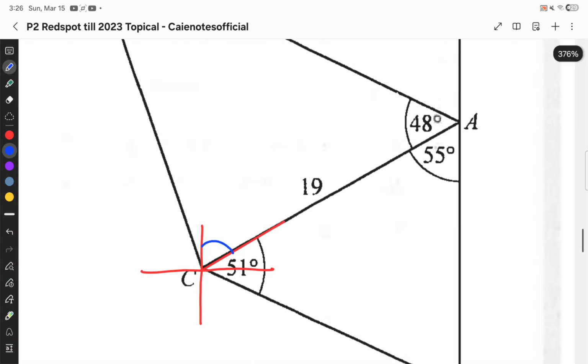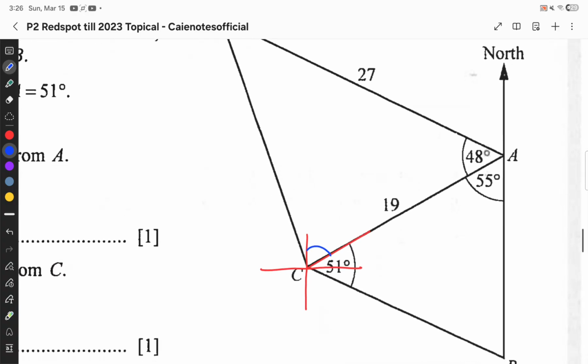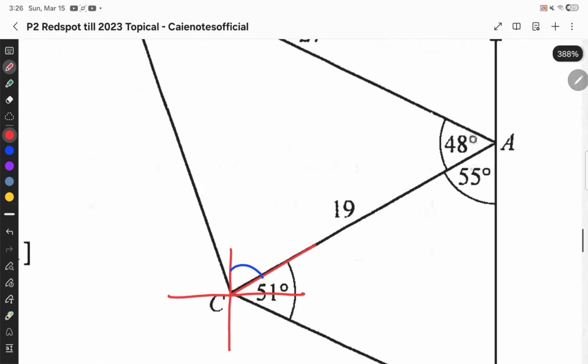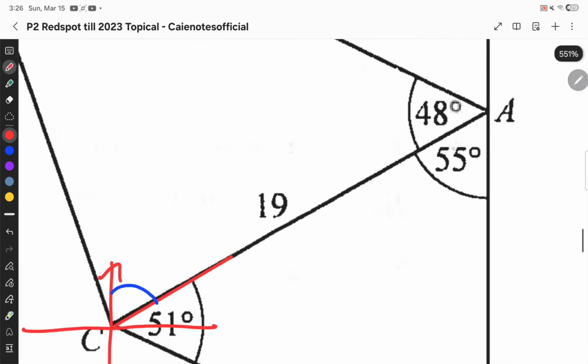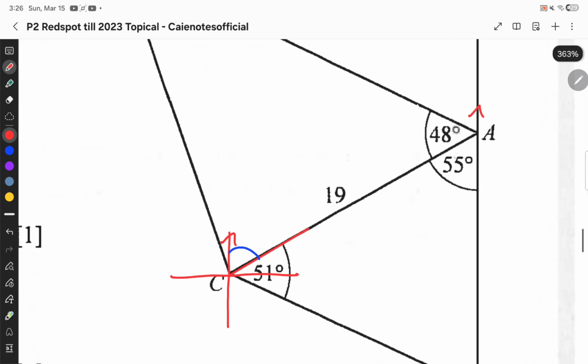How do you calculate this angle? Well, let's do some angle properties. This is the north arrow, and so is this the north arrow, but the north arrow is perpendicular to the south arrow, so we get this.